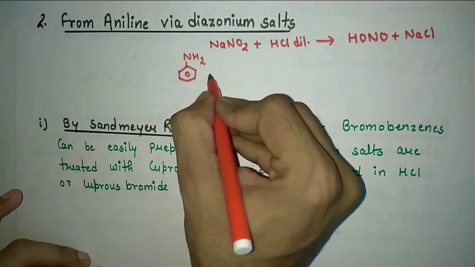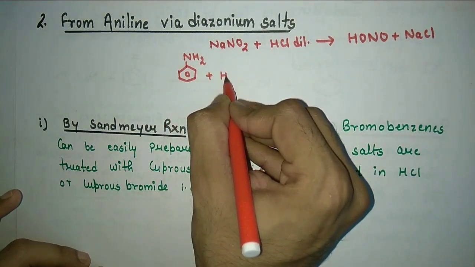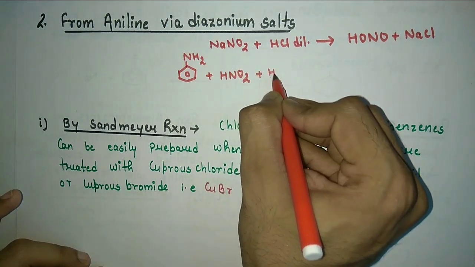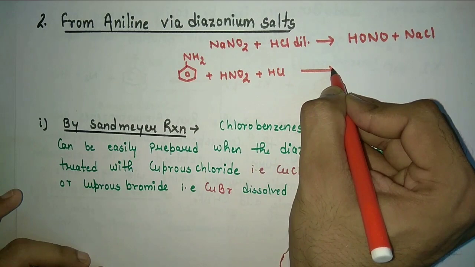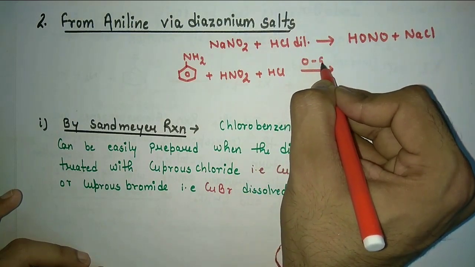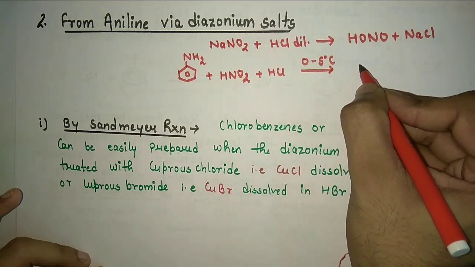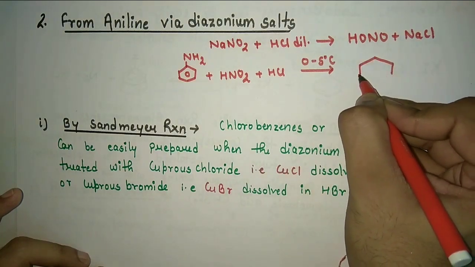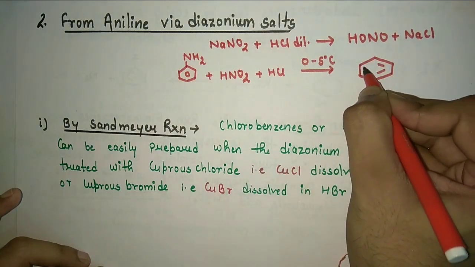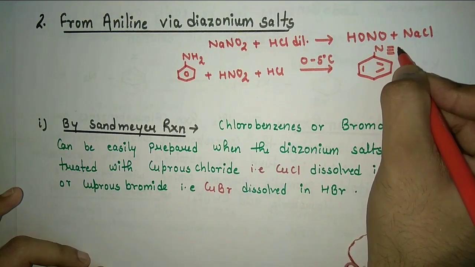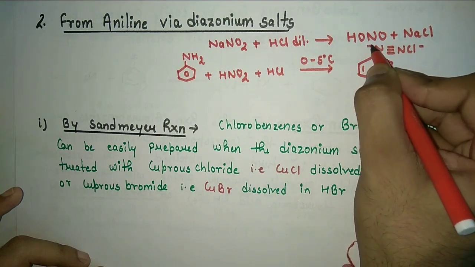Now this is our aniline. It will react with the nitrous acid which is produced at 0 to 5 degrees Celsius. The reaction conditions are cold, that is 0 to 5 degrees Celsius, and it will lead to the formation of benzene diazonium chloride, N triple bond N plus, Cl minus.